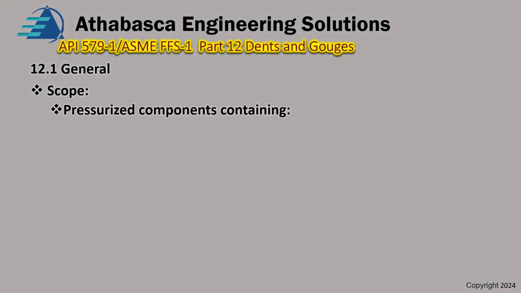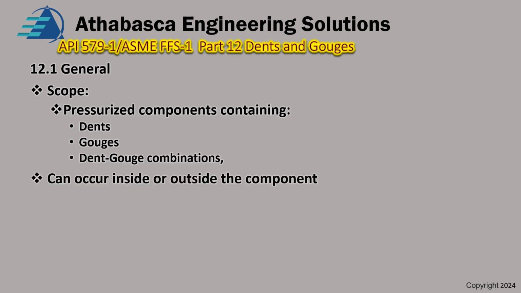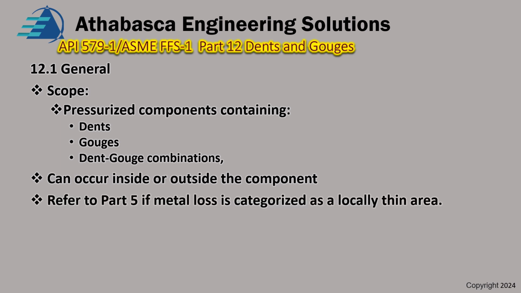Now I'm going to go back to 12.1, because I wanted to deviate from a few things, and we'll talk about the scope of part 12, which pertains to pressurized components. Structural components are not covered. That refers to the dents, which we've spent quite a bit of time on in this episode. There are also gouges, and of course dent-gouge combinations. The code allows you to work with these kinds of flaws inside or outside the component.